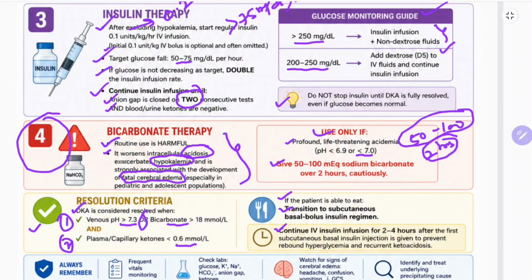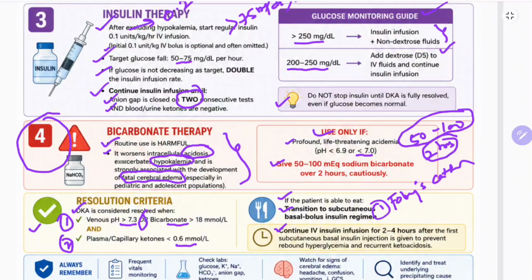Continue the IV insulin infusion for 2 to 4 hours after the first subcutaneous basal insulin injection to prevent rebound hyperglycemia and recurrent ketoacidosis. And one more thing: if the patient is not passing urine, insert a urinary Foley's catheter.